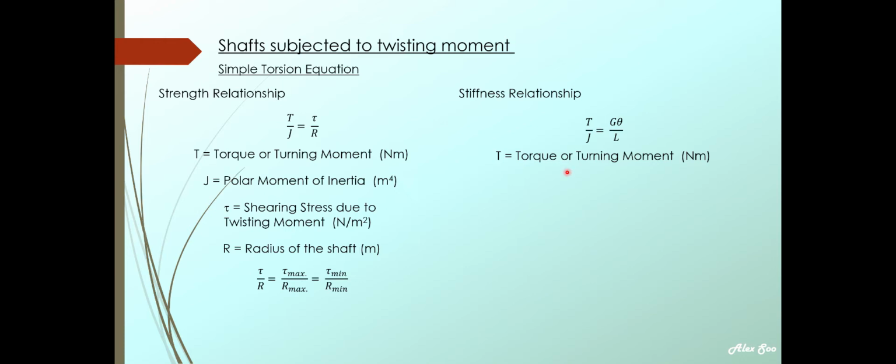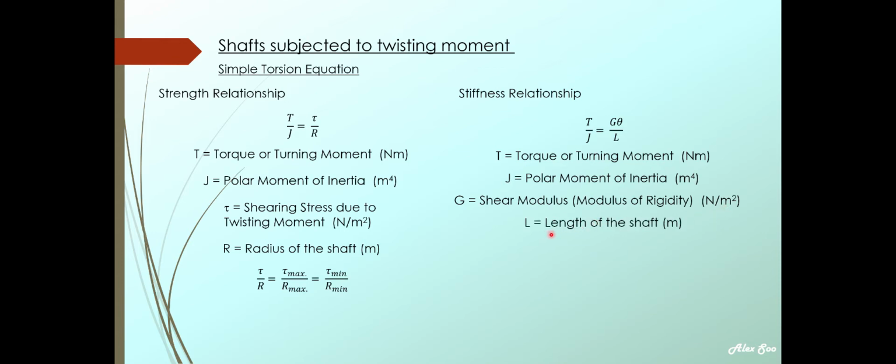So T is the turning moment in Newton meter, J is the polar moment of inertia in meter to the power of 4, and G is the shear modulus or the modulus of rigidity, usually in giganewton per meter square, so that is 10 to the power of 9 Newton per meter square or 10 to the power of 9 Pascal. So L will be the length of the shaft. Theta is the angle of twist in radians.